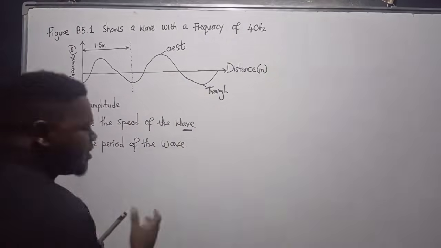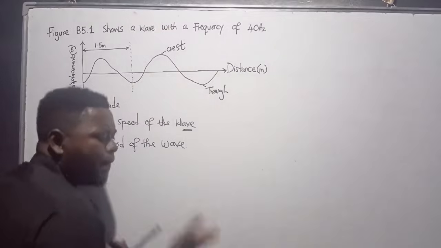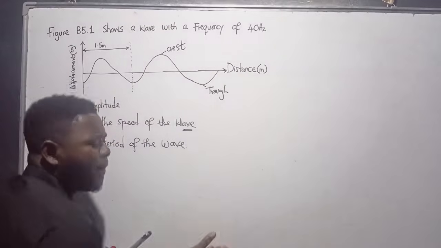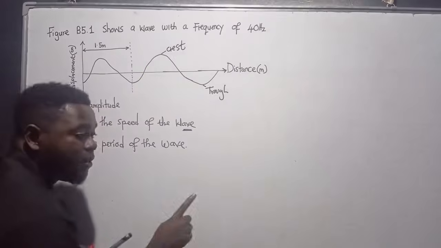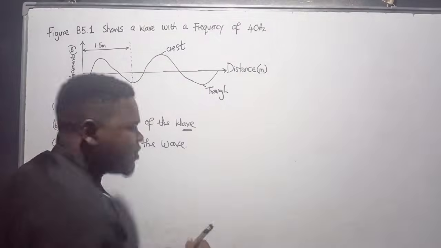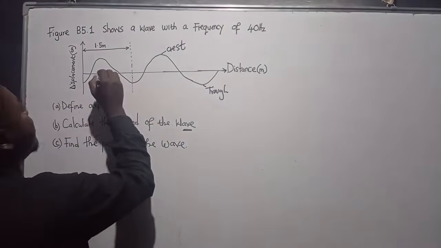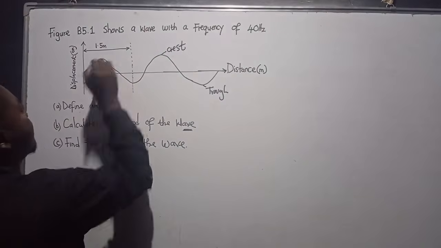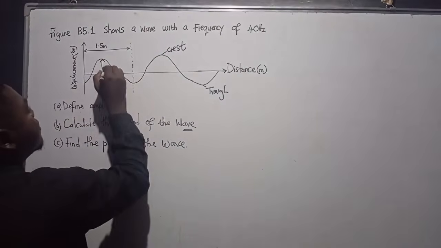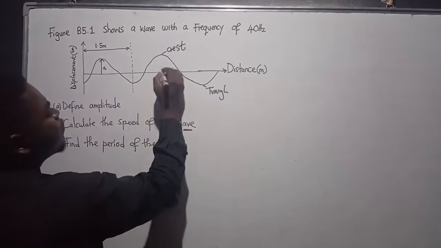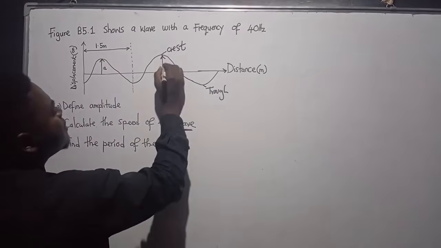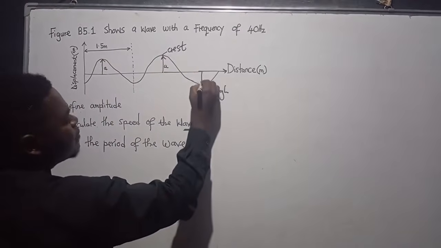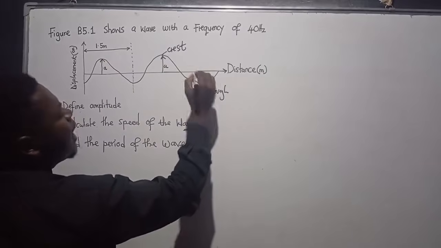Now, the first question here, they are telling us to define amplitude. The amplitude is the maximum displacement of a particle from its what? Resting position. So, from here up to there, this is the amplitude. From here up to there, this is the amplitude. This one up to there is the what?